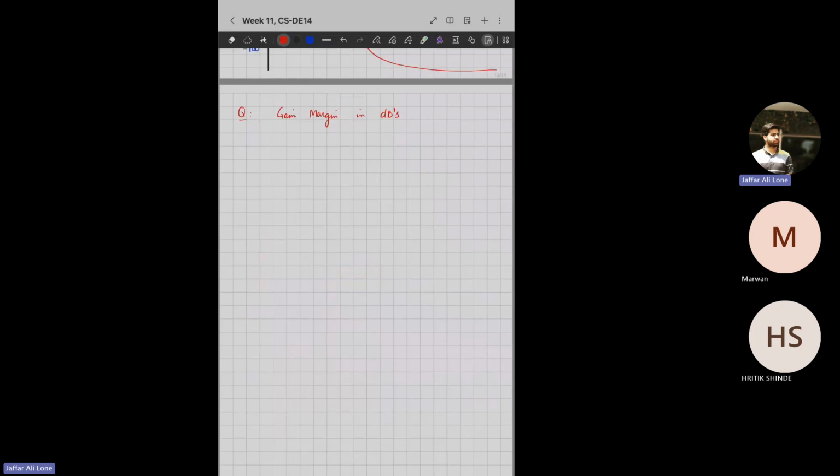Of a unity feedback control system whose OLTF is given as G(s)H(s) is equal to 1 divided by s into (s plus 1). Okay, let me solve this for you. So you know gain margin in decibels is equal to 20 log 1 by x.